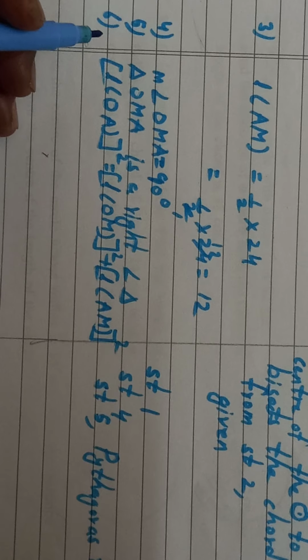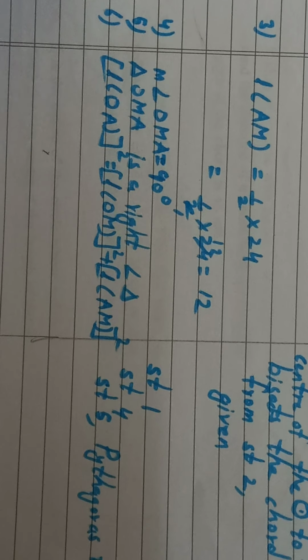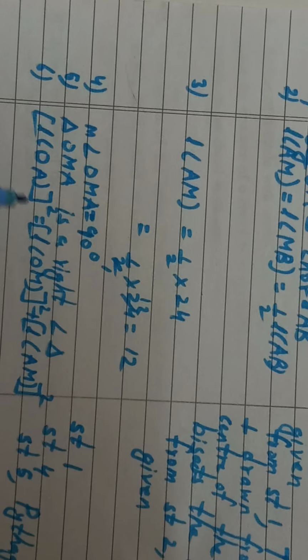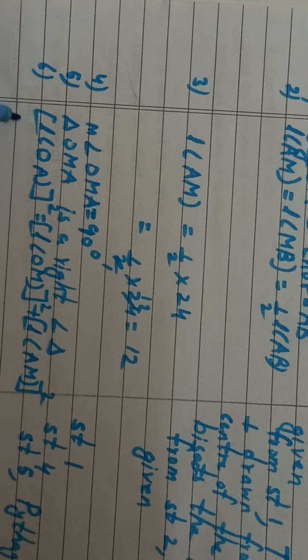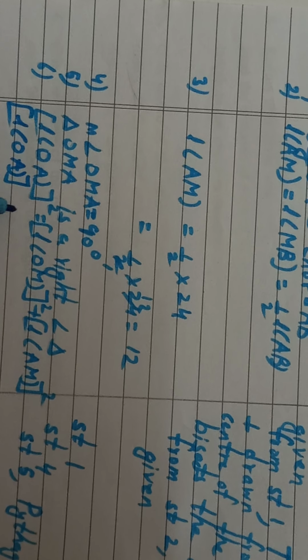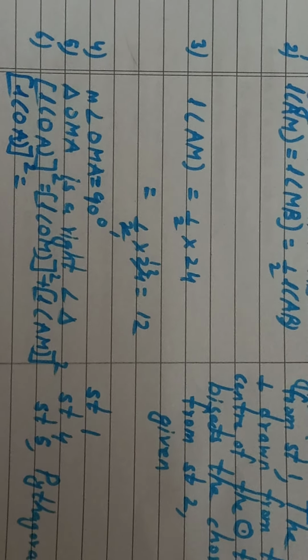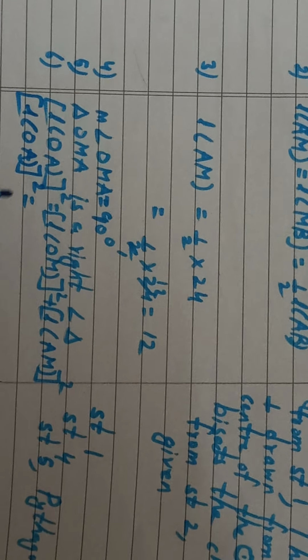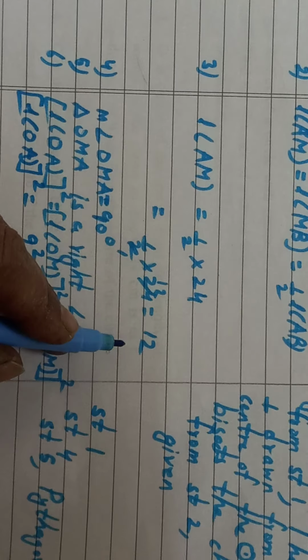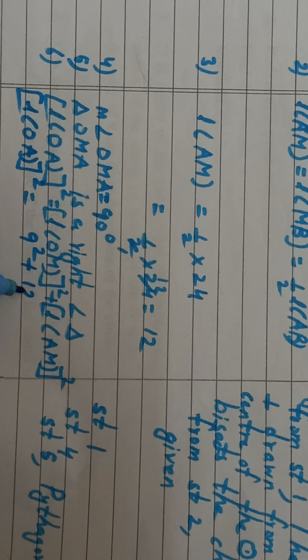Okay. So what is OA square? We have to find OA square, OA we have to find. So we will write it here now as it is. Length of OA square is equal to, what is OM square? OM is 9, square, plus AM is 12, which we have got, 12 square.